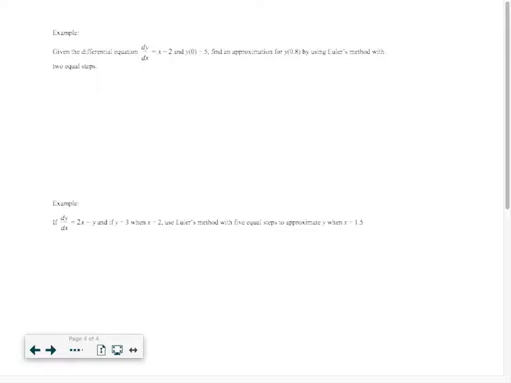In example 1, how many steps are we taking? We are taking 2. We are beginning at 0 and we're ending at 0.8.